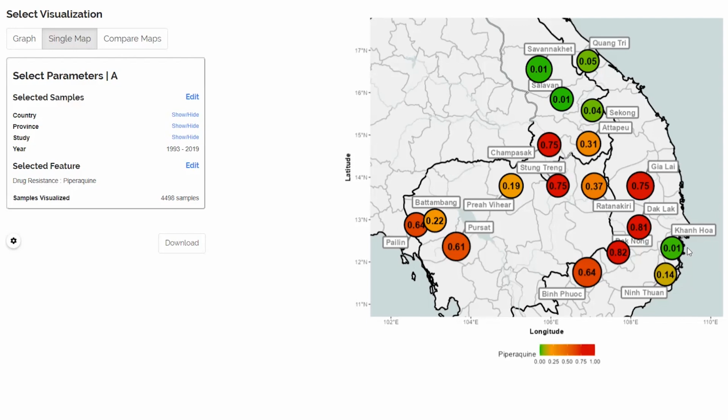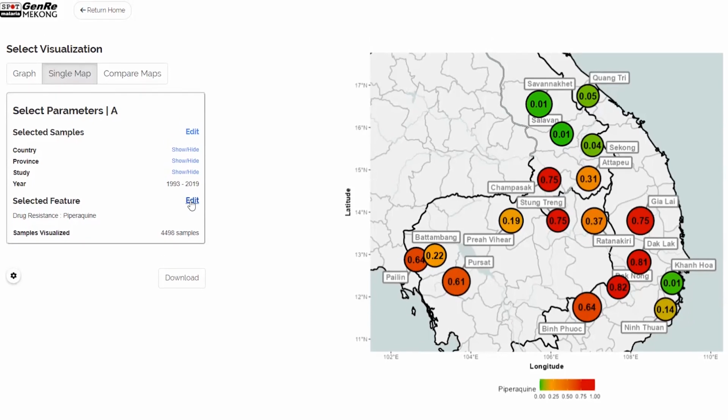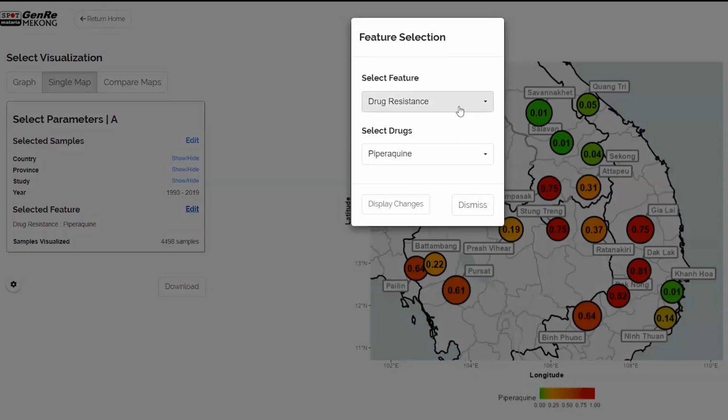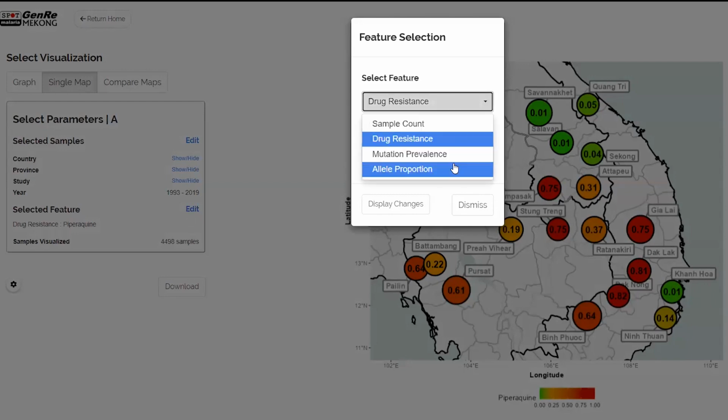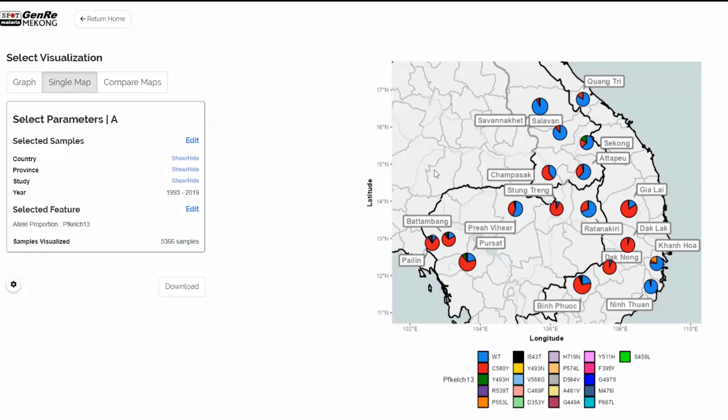I would also like to note that the selections made in the previous visualization also carry over automatically to single maps. So let's look at kelch13, which is a gene that carries many alleles that can give rise to artemisinin resistance. So allele kelch13. Okay.